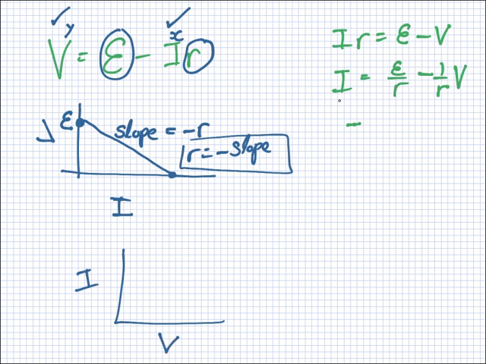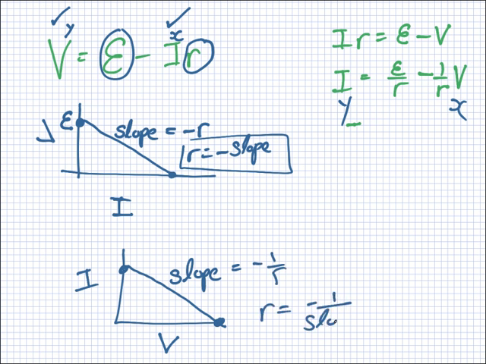This is like the Y and this is like the X. Is my graph going up or down this time? Still going down, isn't it? And where do I start? I start at this E over R thing here, and I go down to here. But what's the slope equal to this time? Minus 1 over R. So R is minus 1 over the slope. It depends on which graph you're using.